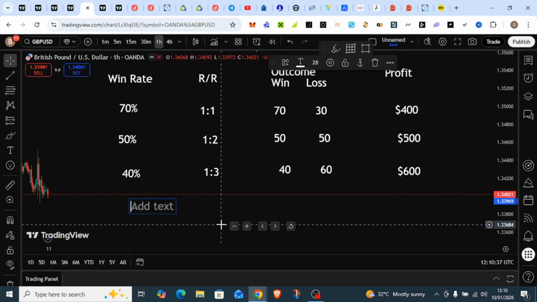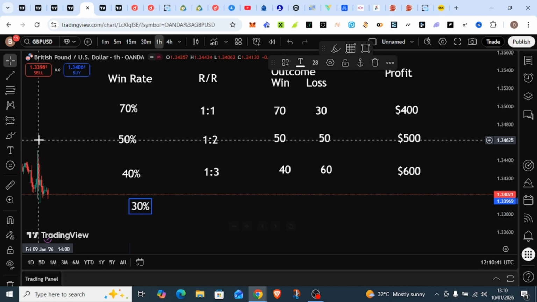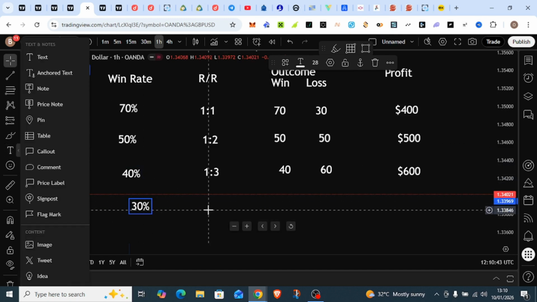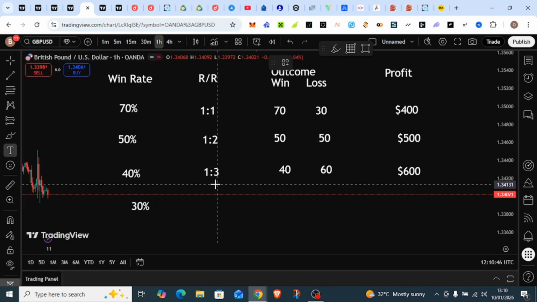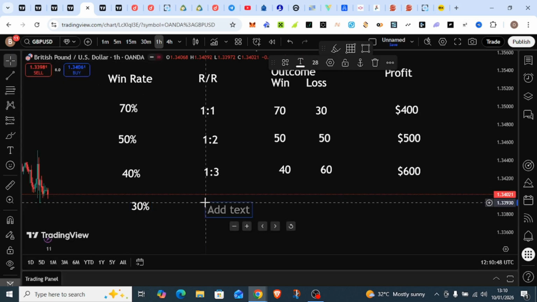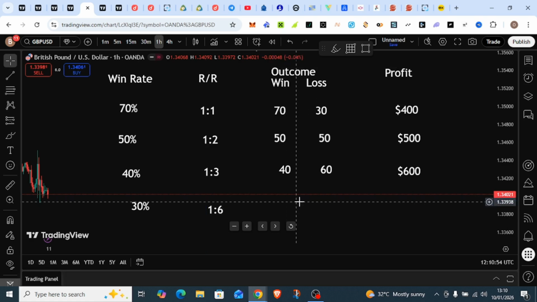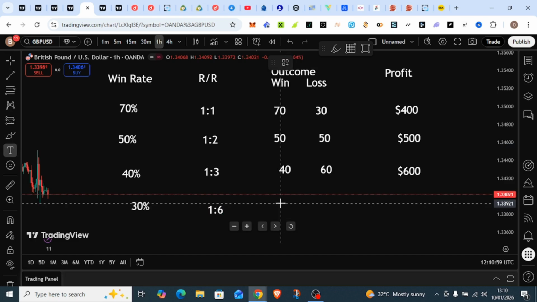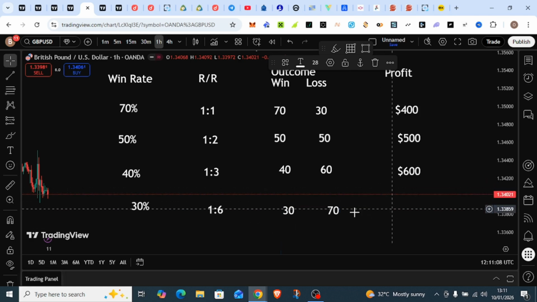We have a win rate of 30%. Let's assume our RR is 1:6. So at this point, we are winning 30 trades out of 100, and we are losing 70 trades, because the win rate is low and RR is higher.